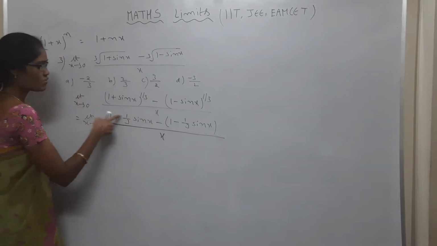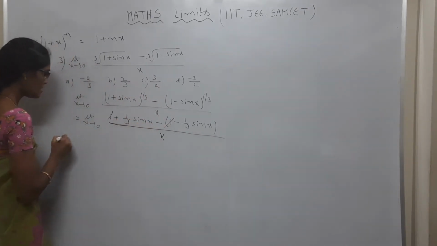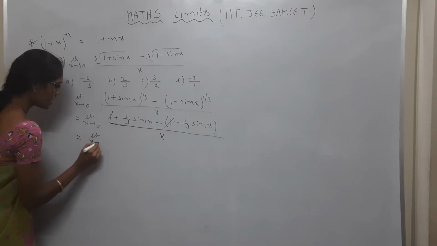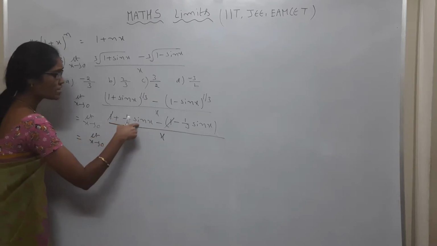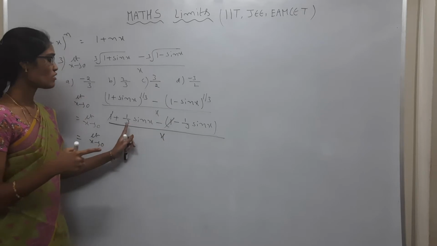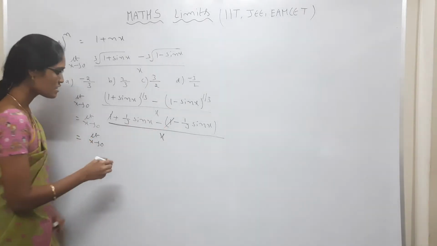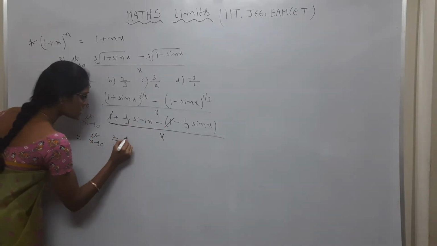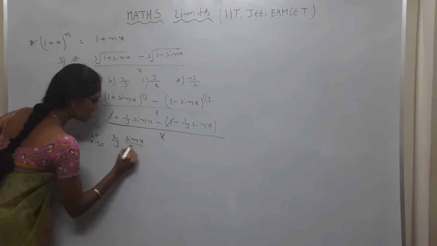See here, plus 1 minus 1 gets cancelled. That is equal to limit x tends to 0, 1 by 3 sin x plus 1 by 3 sin x, that is 2 by 3 sin x by x.